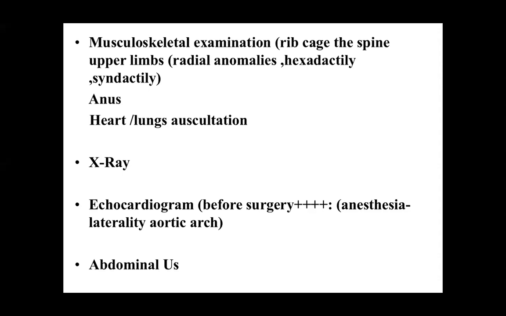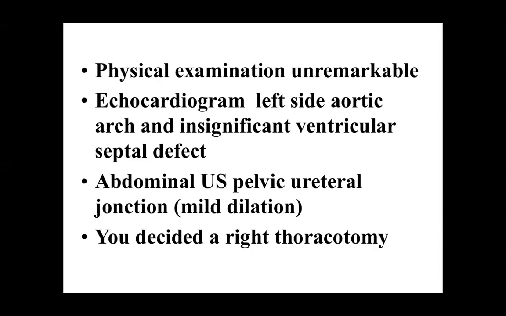Also, we must perform an abdominal ultrasound to check for any malformation, and especially renal malformation. So in this case, for this patient, the physical examination was unremarkable. The echocardiogram showed a left side aortic arch and an insignificant ventricular septal defect. The abdominal ultrasound showed a pelviureteric junction with mild dilation.